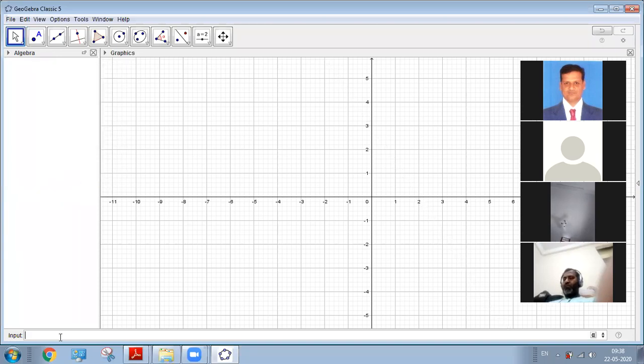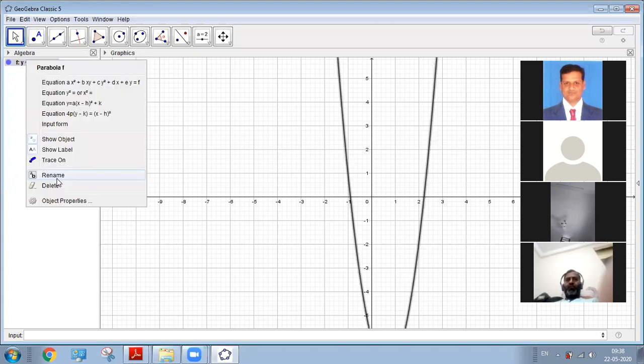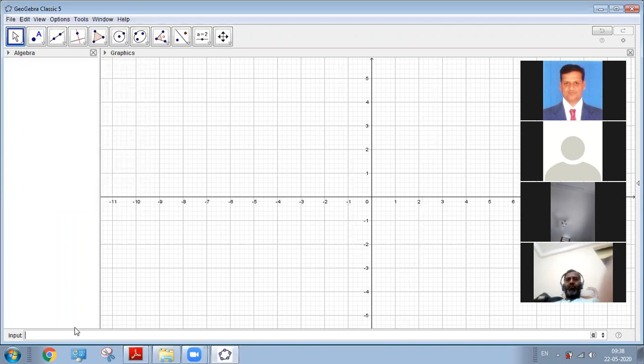You can also find the graph of another equation, for example, y equal to 3x squared minus 4x minus 6. It shows it is a parabola like this. You can find the graph of any equation.